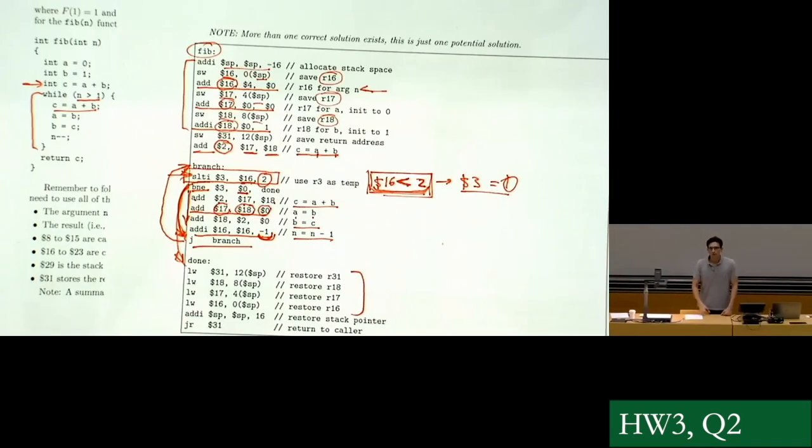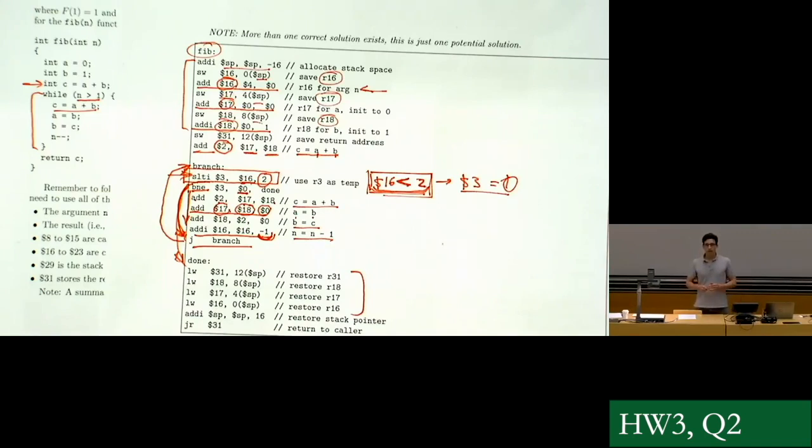I don't understand why you need to store the values of the registers first in memory, because registers 16 to 23 are callee-saved. It doesn't mean that the caller can't store very important values there. Why do you have to store the values in the memory, in the first part and the last part? So they are callee-saved because they are saved by the callee, right?